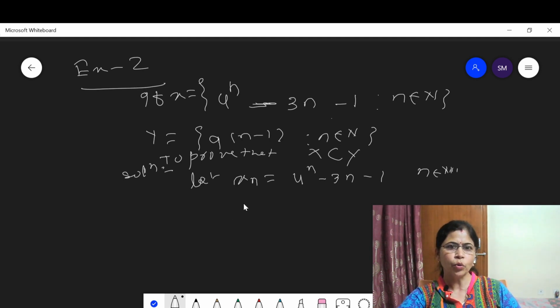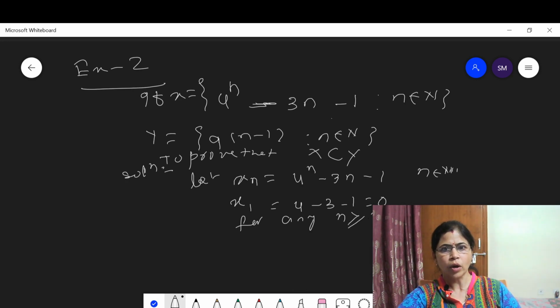When you put n equal to 1, x_1 is equal to 4 minus 3 minus 1, which is equal to 0. Then for any n greater than or equal to 2.